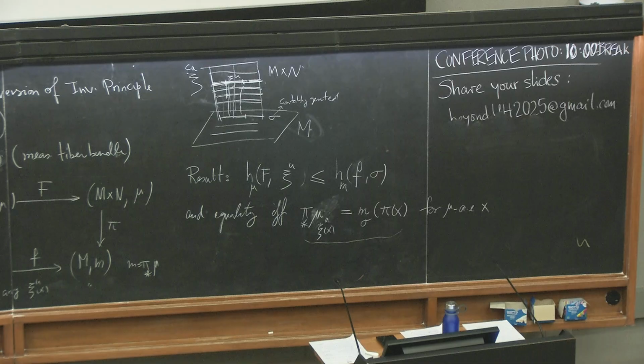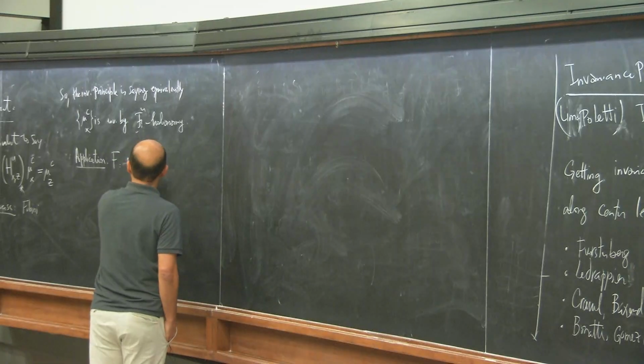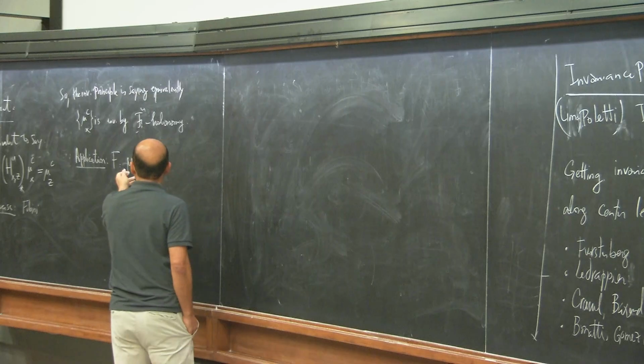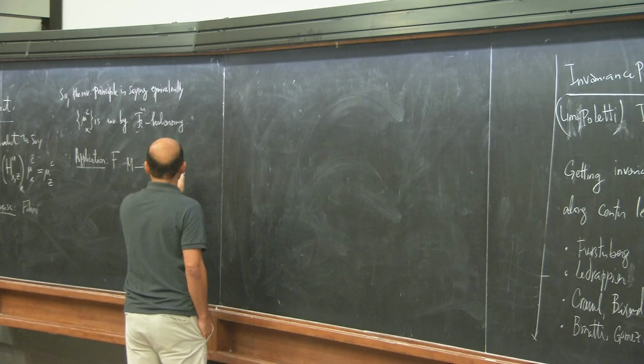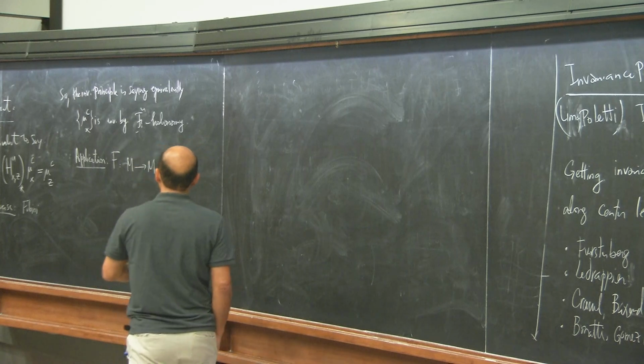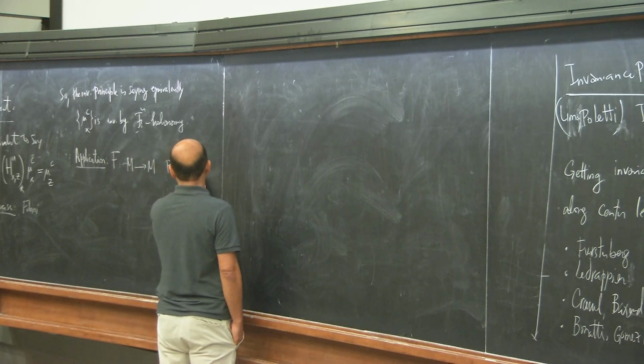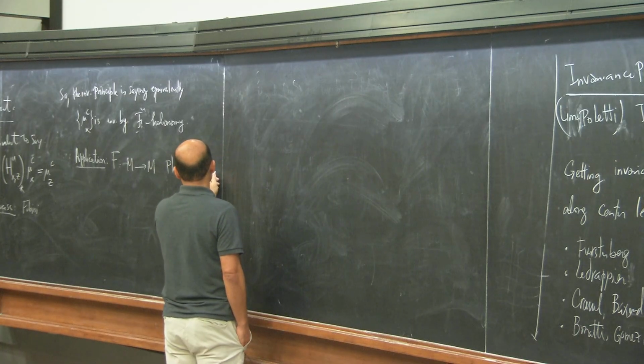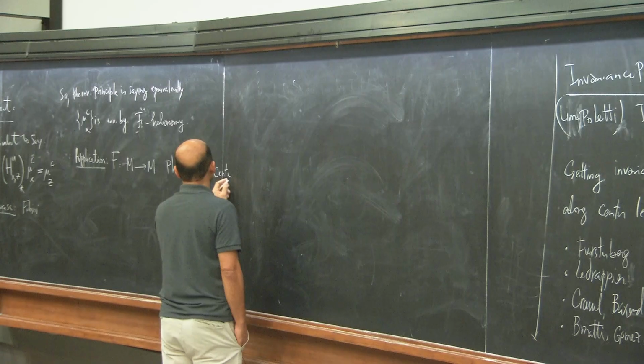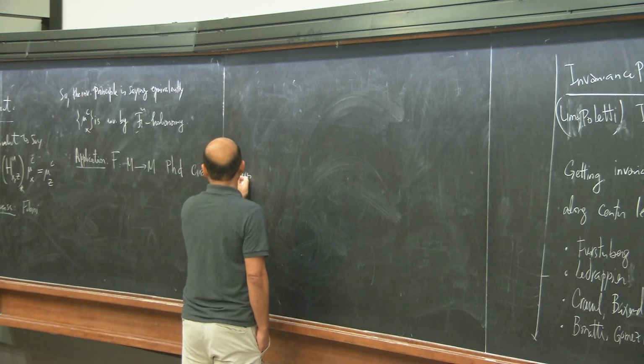Let me make an application of this. Consider f from M to M, and suppose this is a partially hyperbolic diffeomorphism with circle center leaves, or compact center leaves.